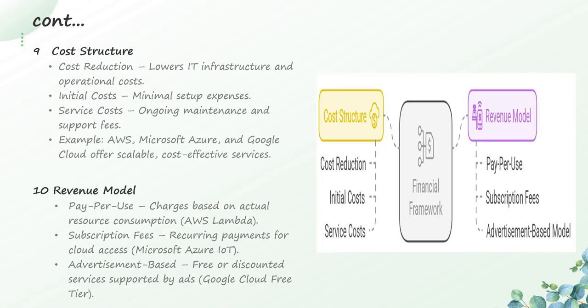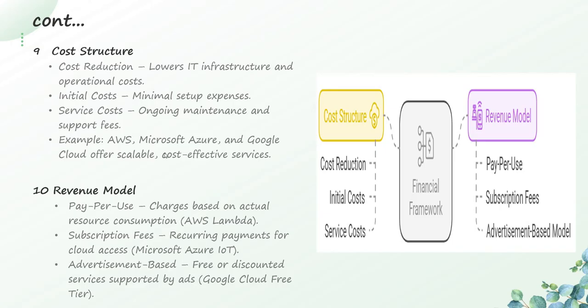First is pay per use, where the customers are charged based on actual resource consumption, for example, storage, processing power, etc. Then you have subscription fees, where there are fixed recurring payments for access to cloud services, which may be monthly or yearly. And one more is advertisement based, where some platforms offer free or discounted services while generating revenue through ads.